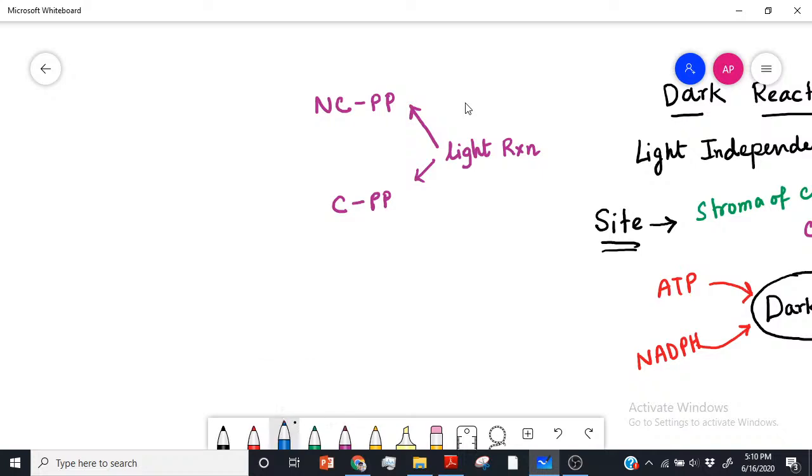Now cyclic photophosphorylation produces what? It produces NADPH only, whereas non-cyclic photophosphorylation produces NADPH plus ATP. Yes or no?